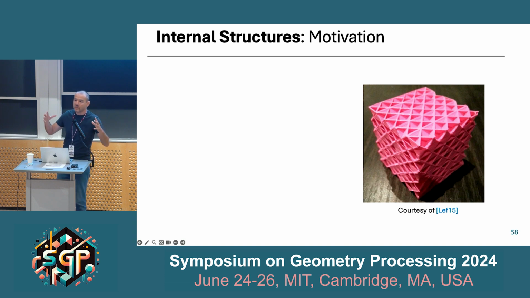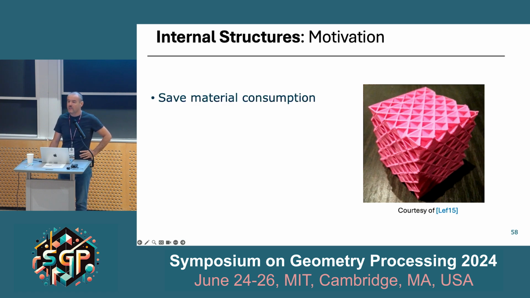When you print an object, in principle, you can just fill all the internal parts of the object using the material you are using to print. This is certainly feasible, but of course, it's a waste of material. On the other extreme, you can print only a thin layer of the surface while keeping the internal part empty, but this would result in very weak objects that would break too easily.